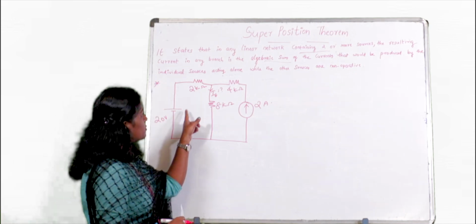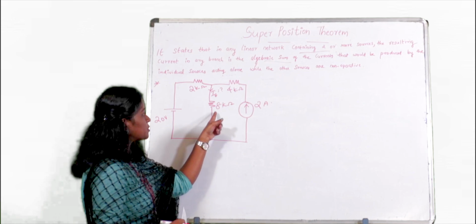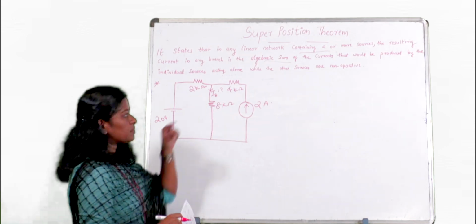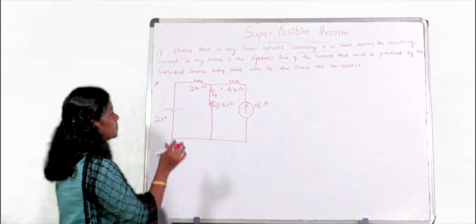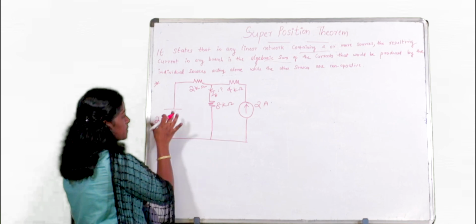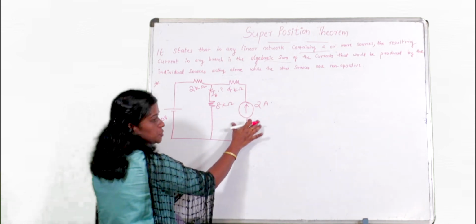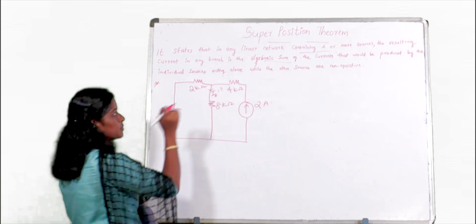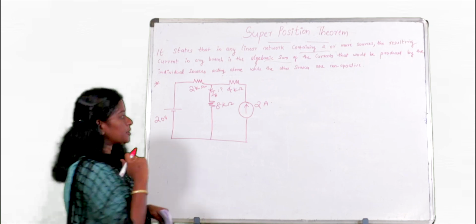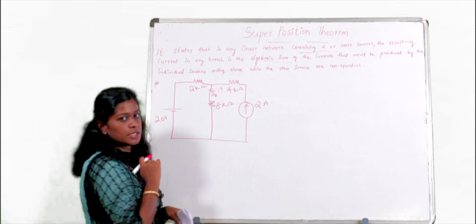In this problem, we want to find the current flowing through 8 kilo ohm by applying the superposition theorem. So here we have two sources. One is 20 volt and another is a 2 ampere source. So here also we are going to apply the superposition theorem to find the current flowing through 8 kilo ohm.